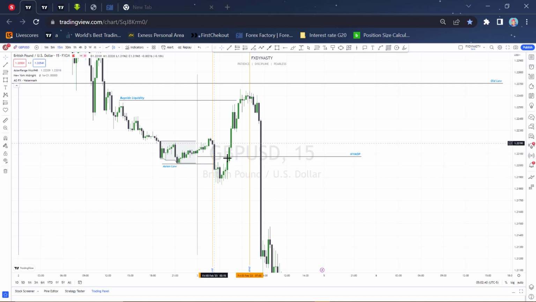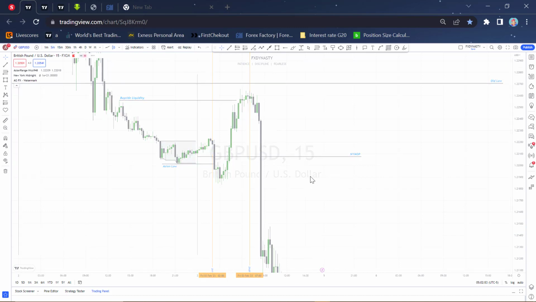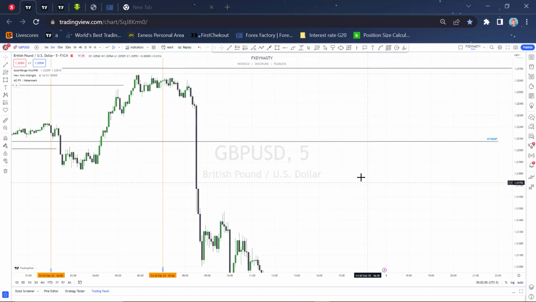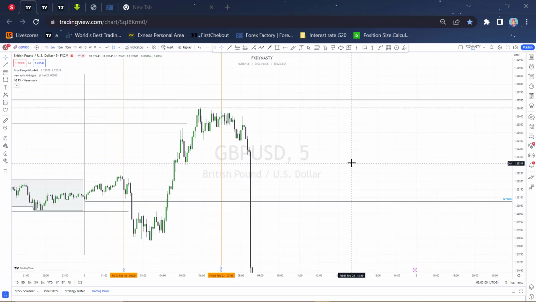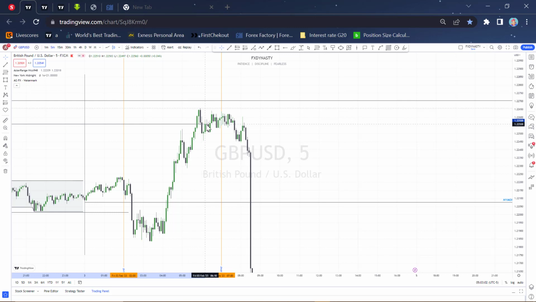Price accumulates, goes up into this buy side liquidity, and we have a smart money reversal going down. If you go down to the 5 minutes time frame, you'll see that price created a shift in market structure after taking liquidity.